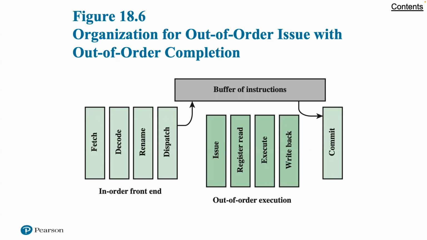buffer referred to as an instruction window. With this organization, after a processor has finished decoding an instruction, it is placed in the instruction window, and as long as this buffer is not full, the processor can continue to fetch and decode new instructions.